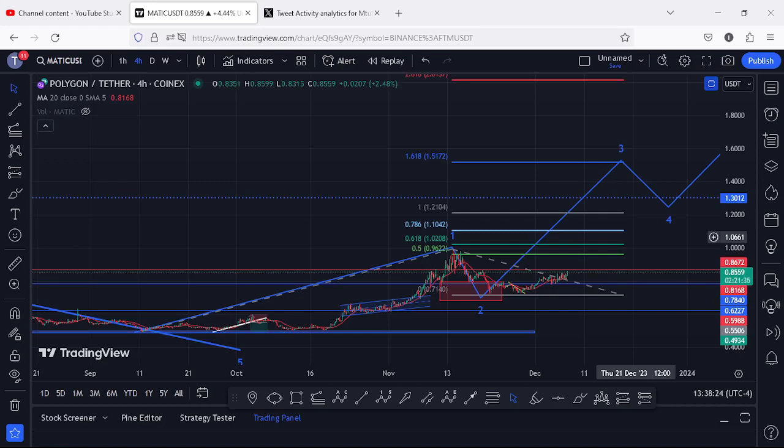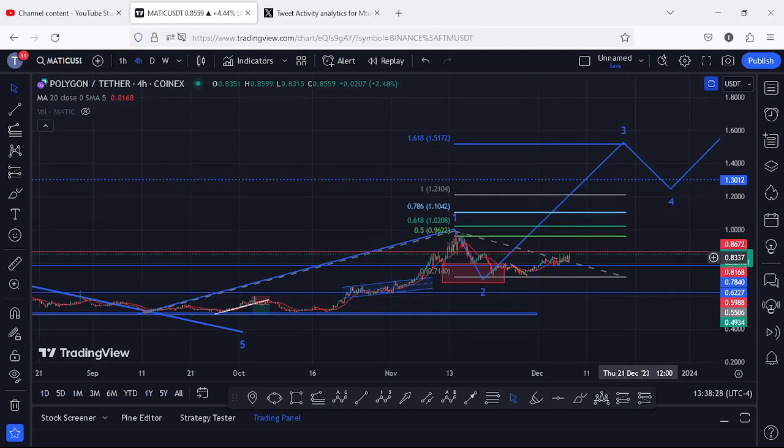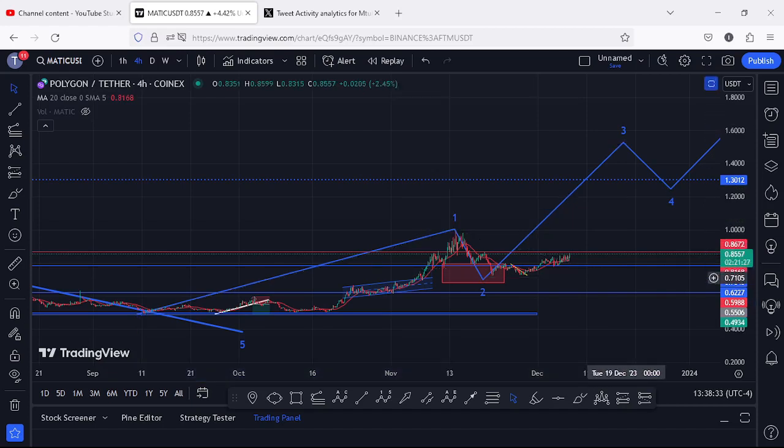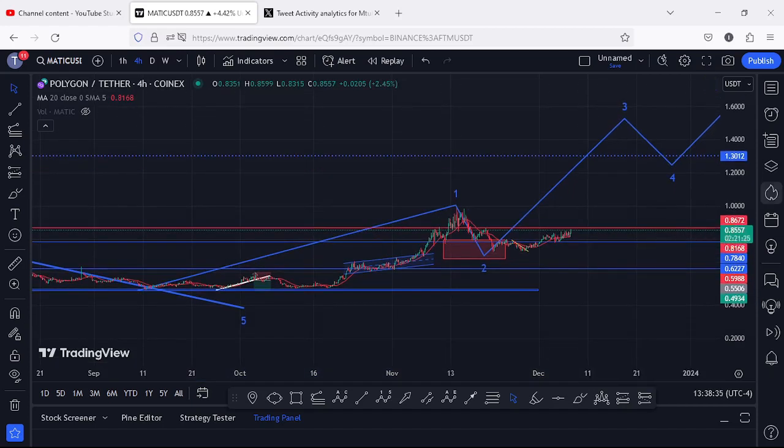And for that to play out, we need to break above resistances at the $0.86 mark and also above the $1 mark for us to fully maximize those minimum target areas in that wave 3.